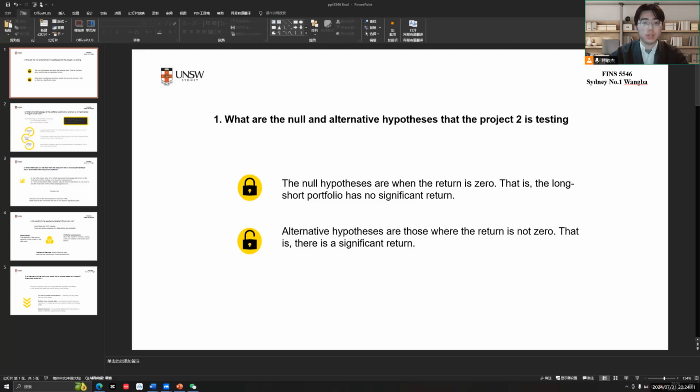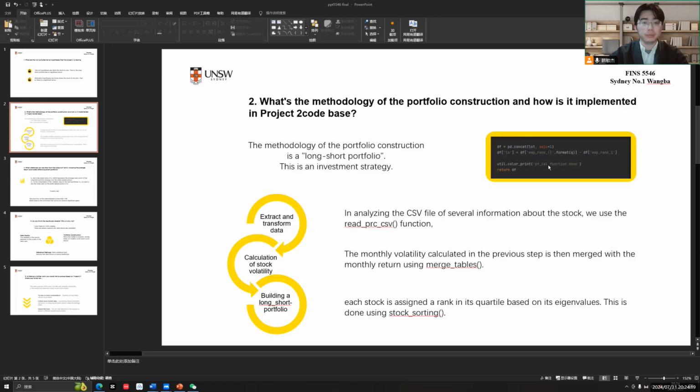What is the methodology of the portfolio construction, and how is it implemented in the Project 2 code base? First of all, we think that the methodology of the portfolio construction is a long-short portfolio. This is an investment strategy. It starts by sorting assets by volatility, and after grouping them, we divide them into quartiles by month.